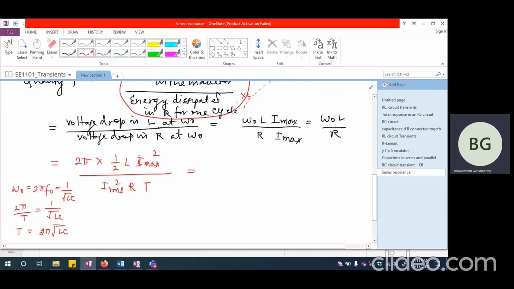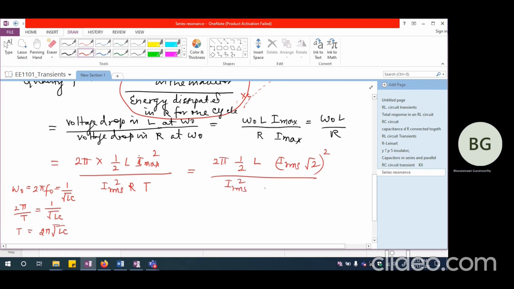So this I can substitute now. 2 pi multiplied by half multiplied by L, I max square can be written as IRMS multiplied by root 2 the whole square, divided by I RMS square multiplied by R multiplied by 2 pi root LC. By the way, root LC is 1 by omega naught.